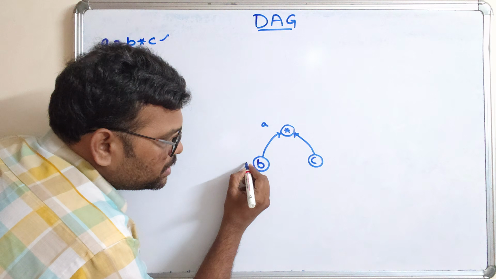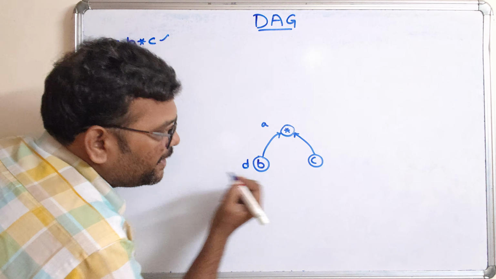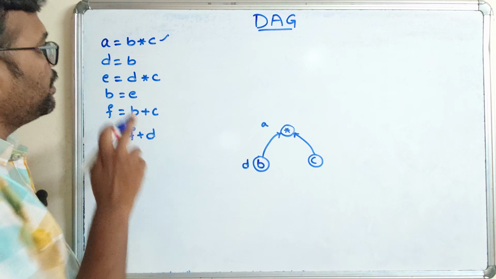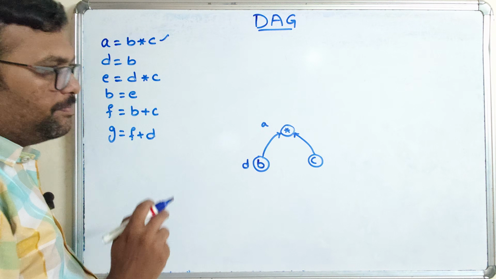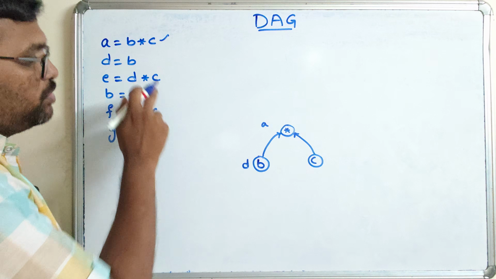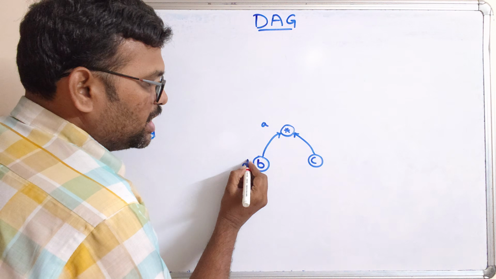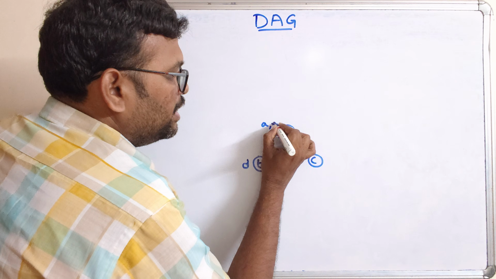So this node itself we can treat as D also. D and B both are equal. Now E is equal to D into C. So this is D, this is C, D into C, which is nothing but E. So E is also the same.